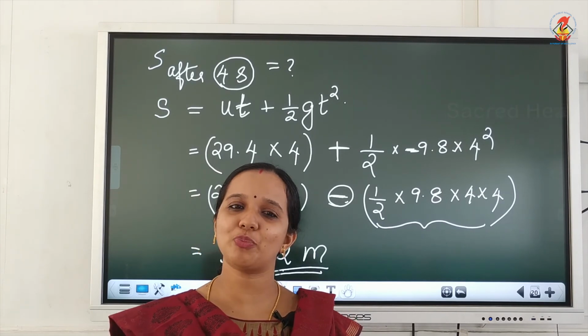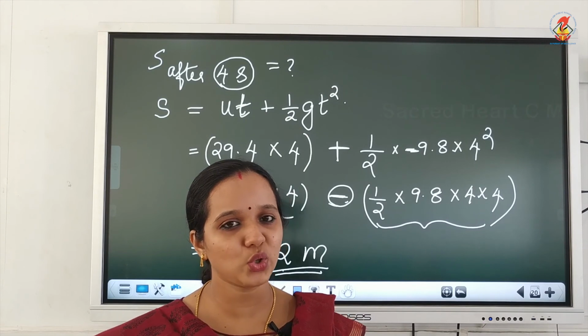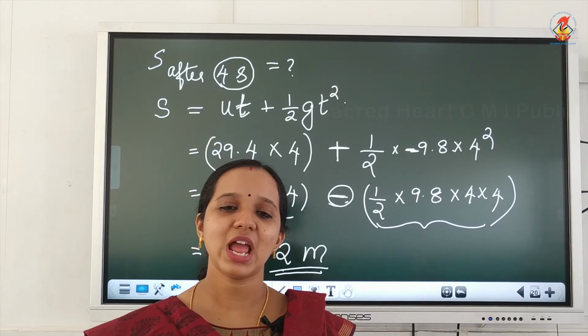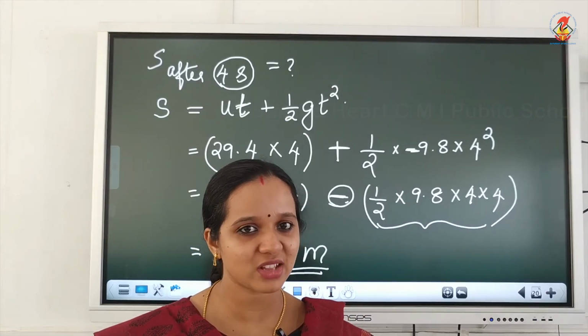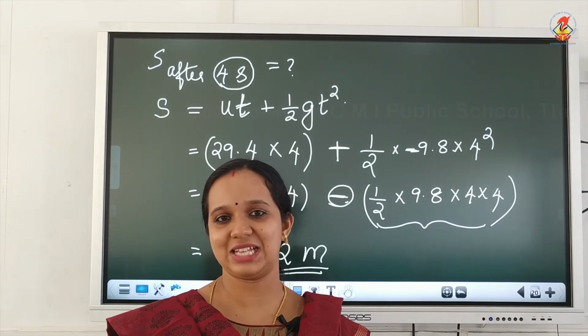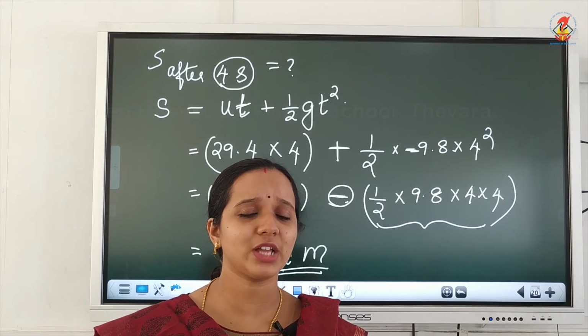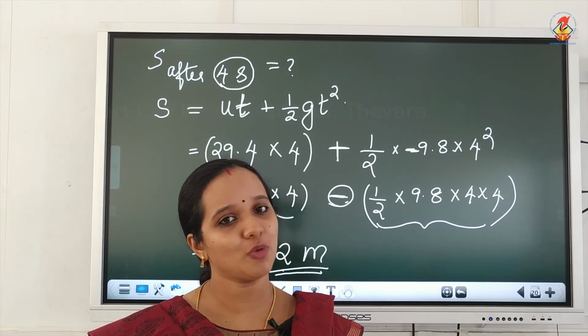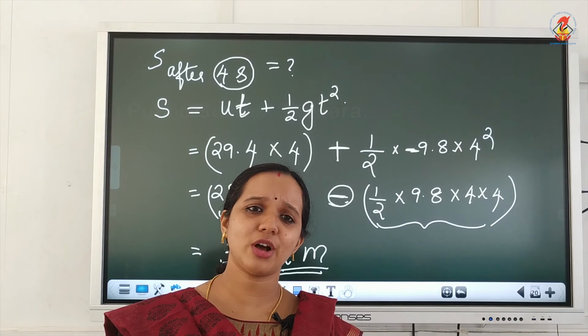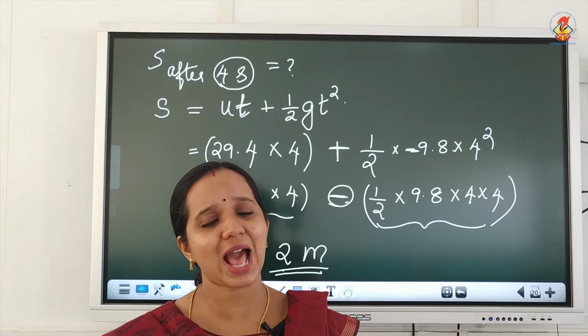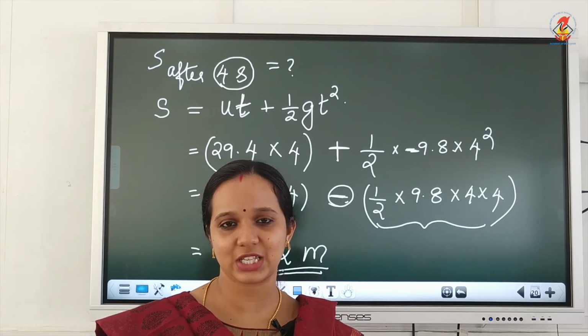Okay. So these are certain problems based on equations of motion. V is equal to u plus gt, S is equal to ut plus half gt square, and v square minus u square is equal to 2gs. Steps are completely similar to the problems that we did in the first chapter, motion. Only thing is, instead of a, we need to substitute acceleration due to gravity, g.